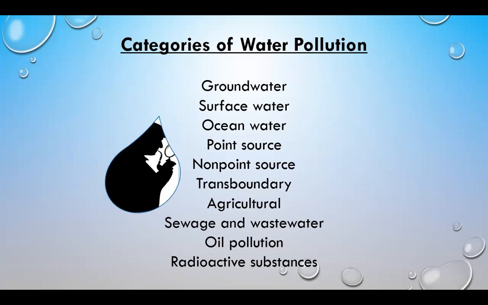And these are potentially contaminated by the heavy use of pesticides, fertilizers, or even waste leaching from landfills and septic tanks. As they flow out to streams or lakes, they can contaminate those streams and lakes, or even the ocean. The streams and lakes and oceans are our major surface water sources. Yeah.